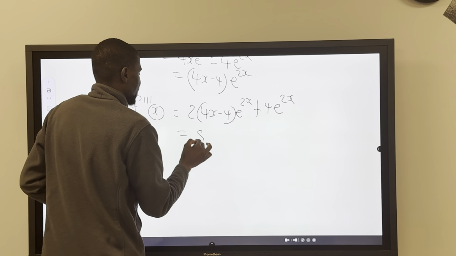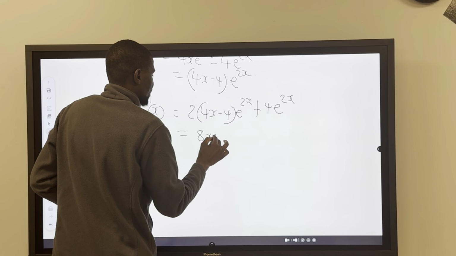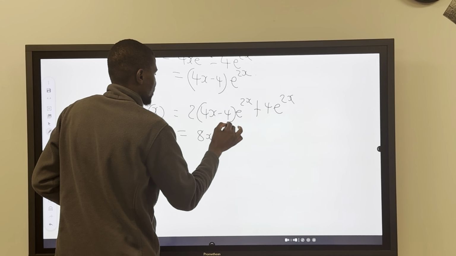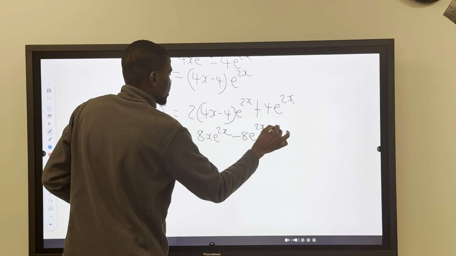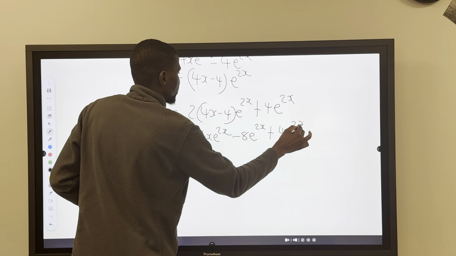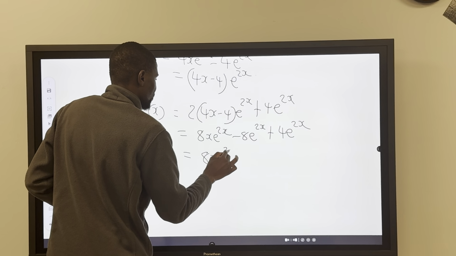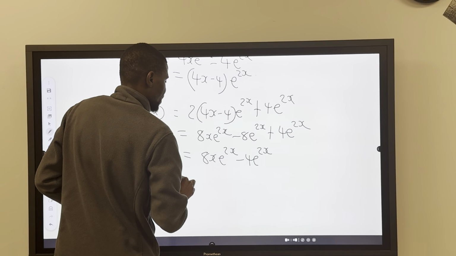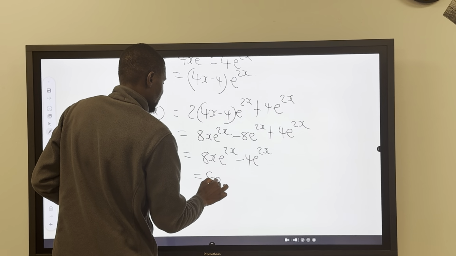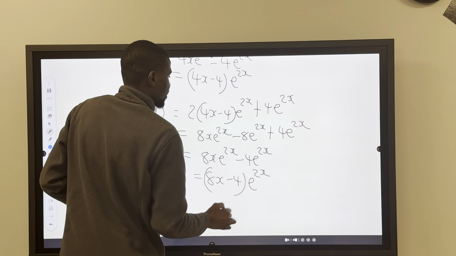So that's 8, 2 times 4, that's 8x e to the 2x, minus 8 e to the 2x, plus 4 e to the 2x. So I'm getting 8x e to the 2x minus 4 e to the 2x, which is equal to (8x minus 4) e to the 2x.